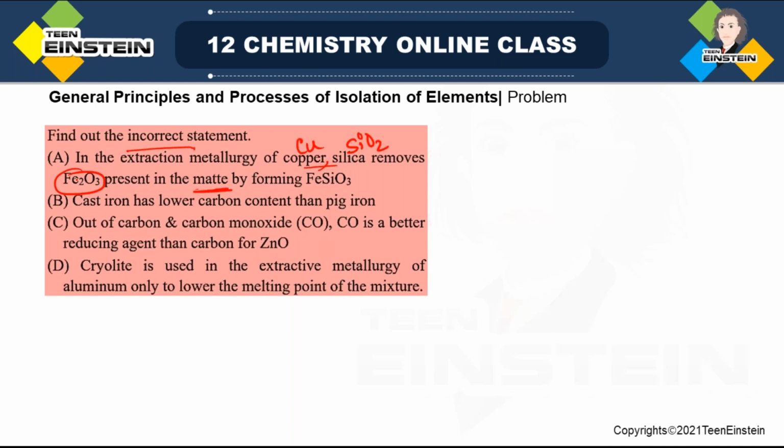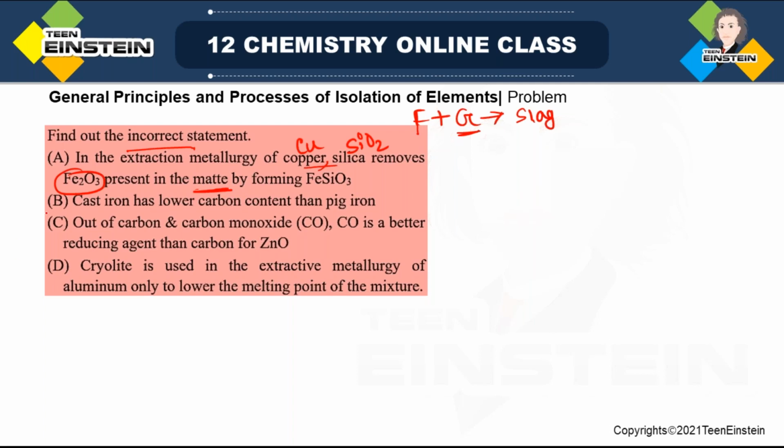And when we want to remove impurity, that is also known as gangue, we use flux, because flux, F for flux, combines with gangue, G for gangue, and it produces slag. Okay, so in this way removal of gangue becomes easier. Now when gangue is acidic in nature, the flux must be basic in nature and vice versa.